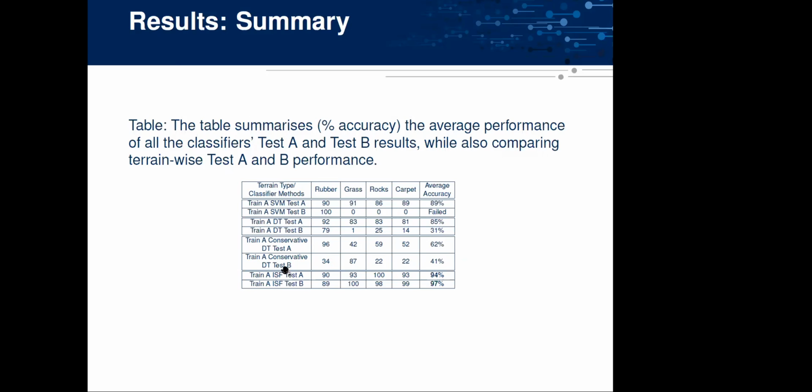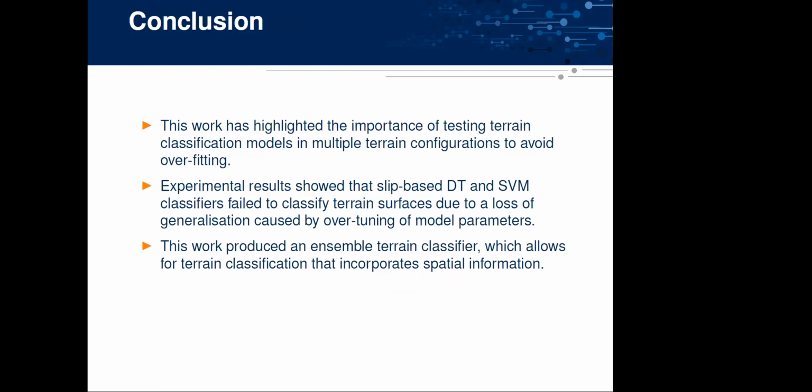But for our proposed method, when we use test A, where we introduce position estimate, it was 94%, and then test B gave us an accuracy of 97%. That shows that the model is promising and it's not overfitting.